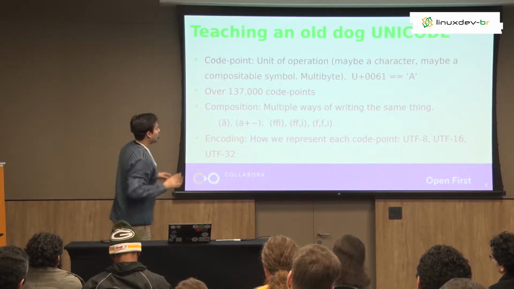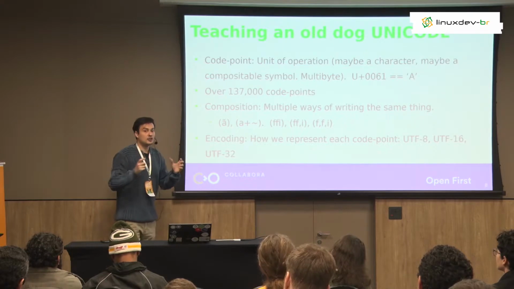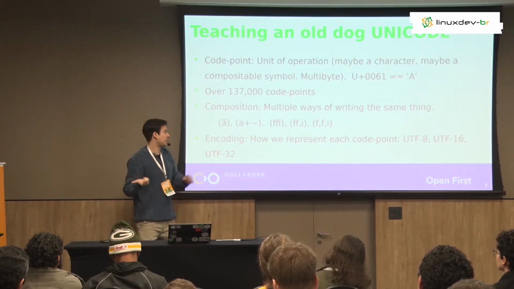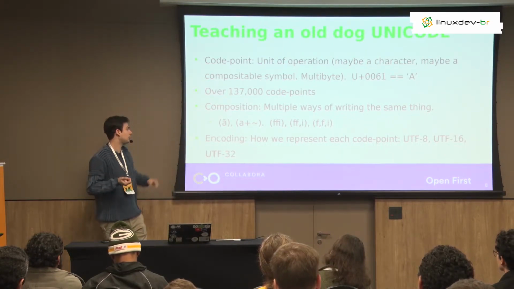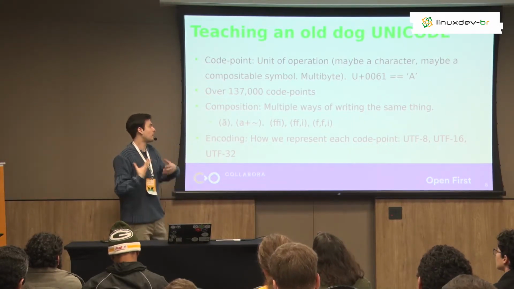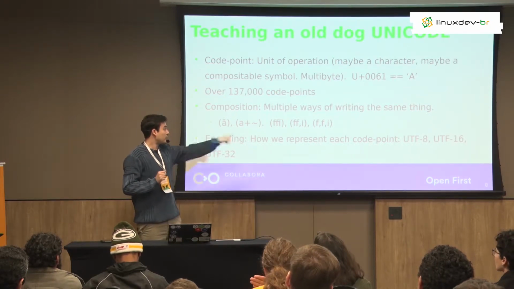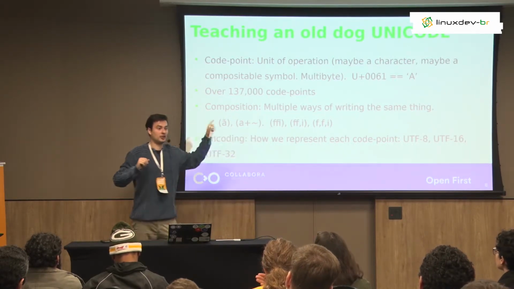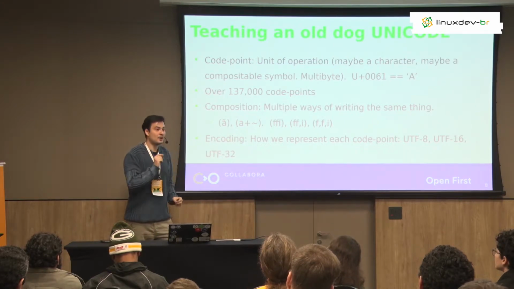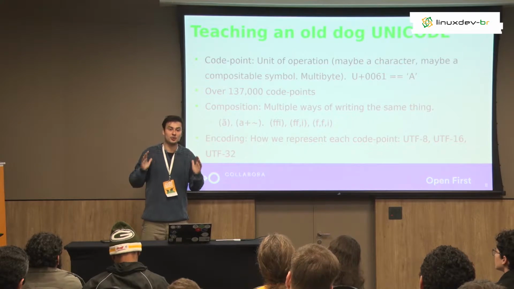But now I'm only talking about code points. They are translated into byte sequences, and that is what UTF-8, UTF-16, and UTF-32 are. UTF is basically how you represent those code points in a string. UTF-8 is what we are using because it's the most common nowadays. But UTF-8 has a very specific characteristic. It's variable length.